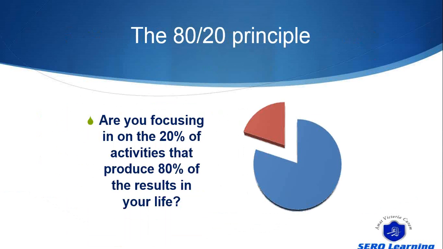I mean, you hear these stats all the time, and they bear true. So when you're looking at prioritising your work time, it's important to know where you're spending your time at work, because 80% of the results is going to come from the 20% quality that you put into your work.